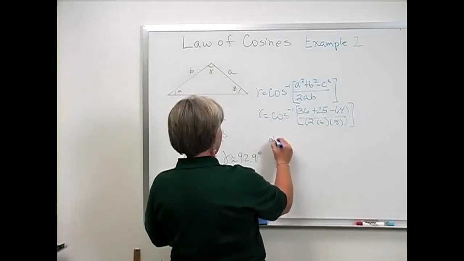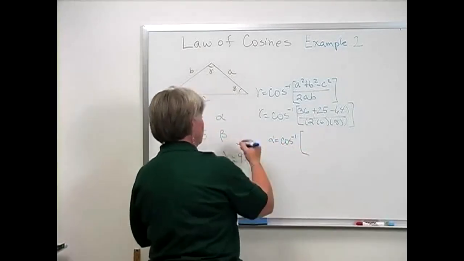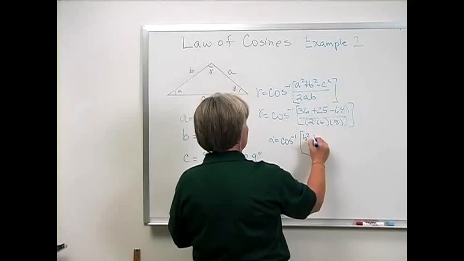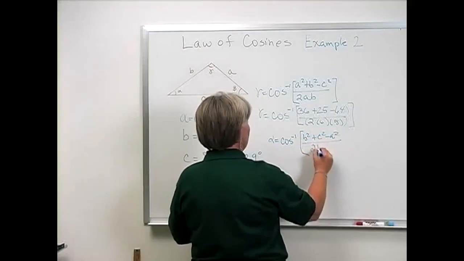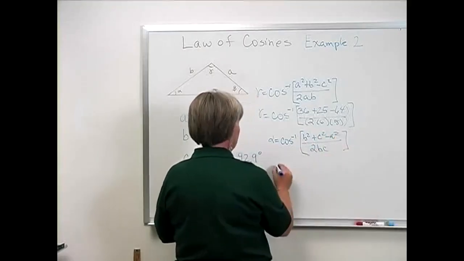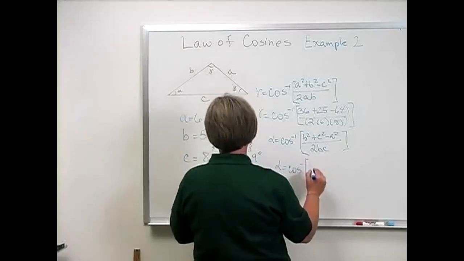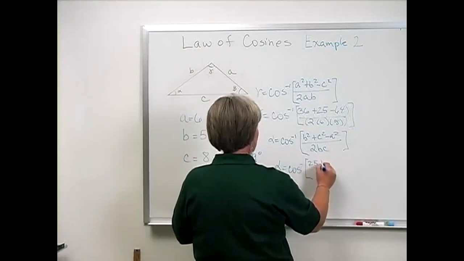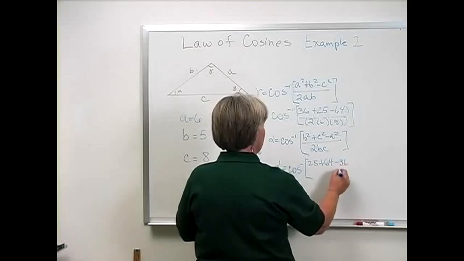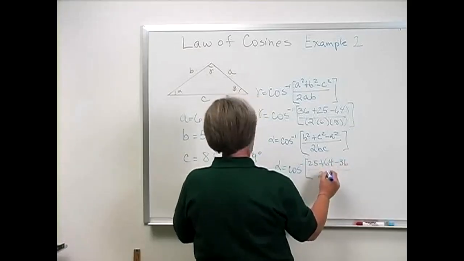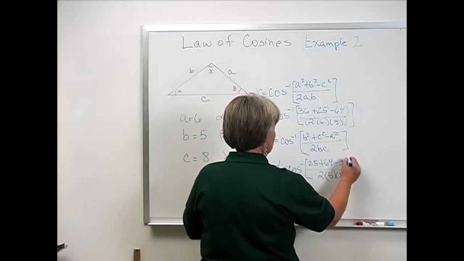So alpha is going to be cosine inverse of b squared plus c squared minus a squared divided by 2 times b times c. So alpha is cosine inverse of 25 plus 64 minus 36 over 2 times b times c.